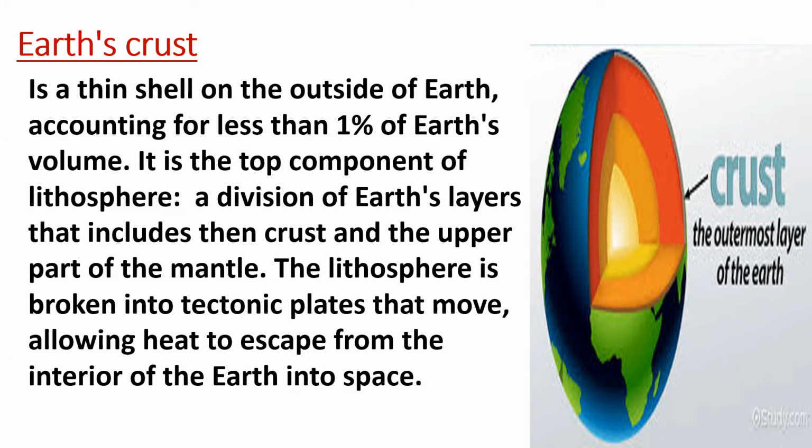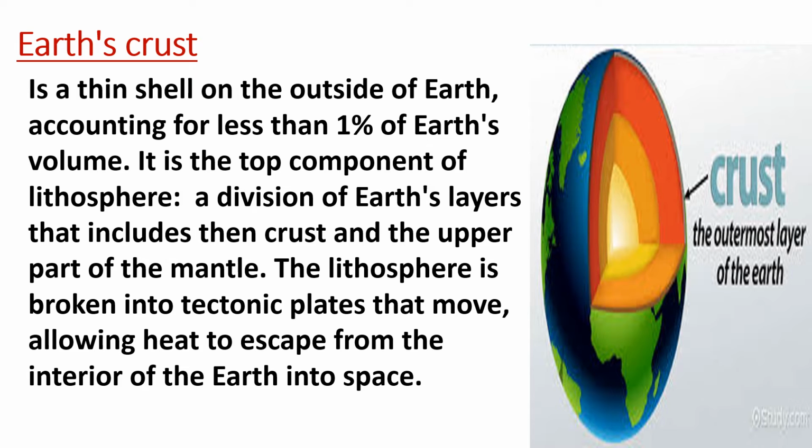Now, the Earth's crust is a thin shell on the outer side of the Earth, accounting for less than 1% of the Earth's volume. It is the top component of the lithosphere, a division of the Earth's layers that includes the crust and the upper part of the mantle.